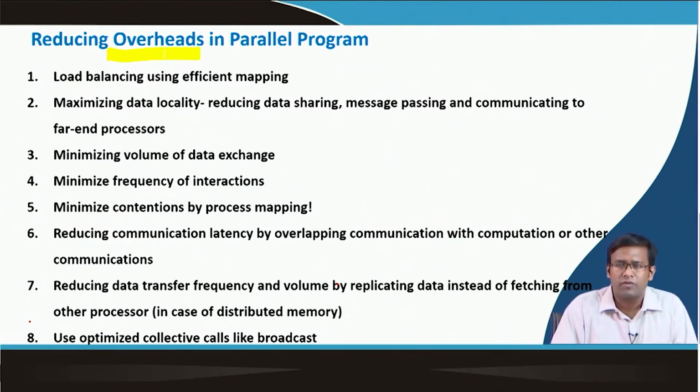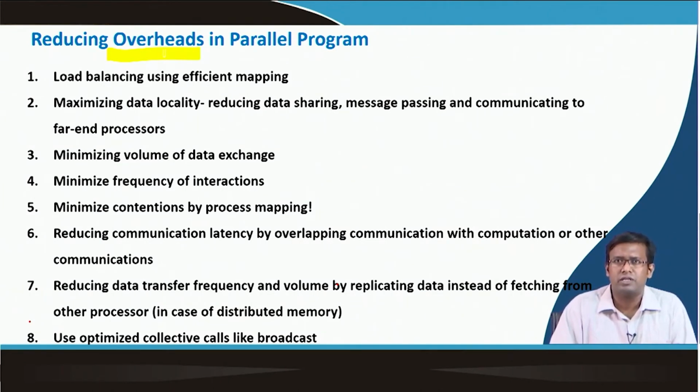When for any practical application we try to parallelize an algorithm and get the benefit of a large parallel computing infrastructure, the main focus becomes how we can reduce certain overheads and make it efficient, so that as we increase the number of processors and solve large problems, we get the right performance.